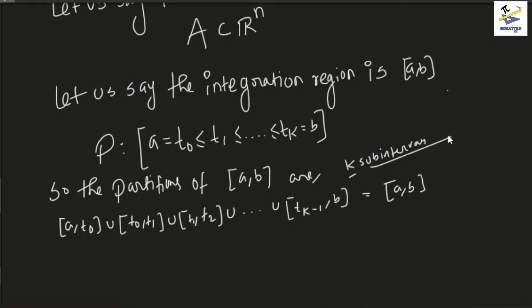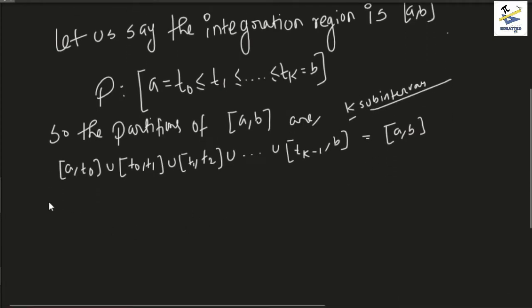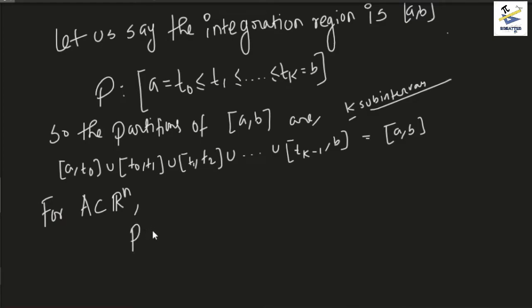Now when it comes to these n-dimensional things, what we can do is divide this A, which is a subset of R to the power n, into n subintervals, right? So what we can do is something like this. For A, which is a subset of R^n, we can write P as the partition P1 cross P2 cross P3 and all the way up to Pn, where each of the Pi's are themselves partitions, okay?